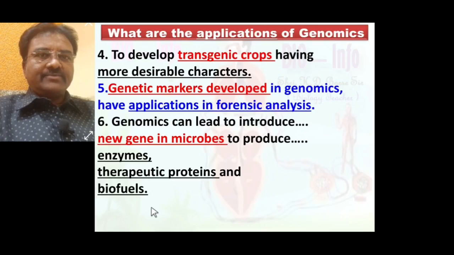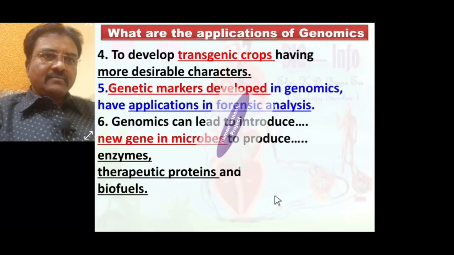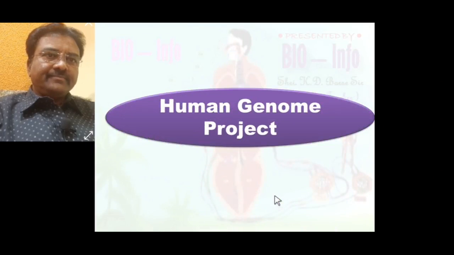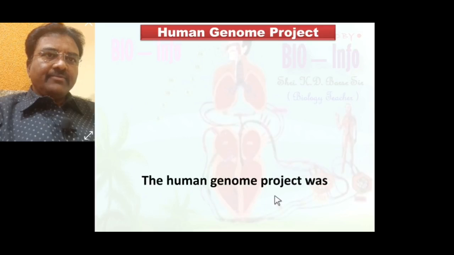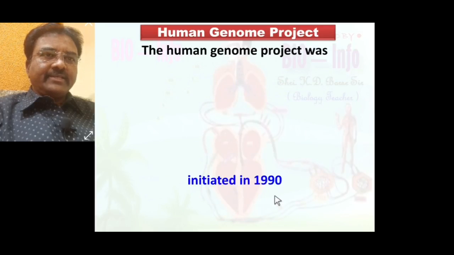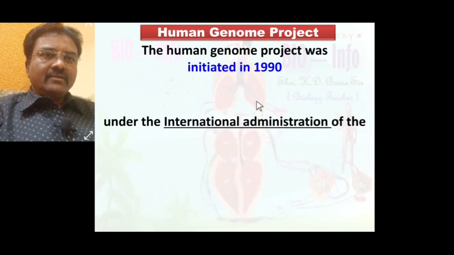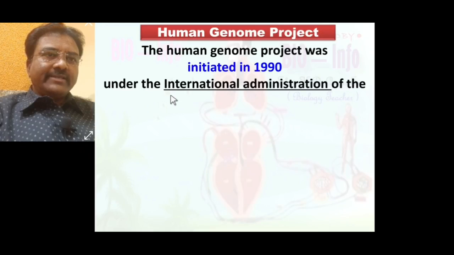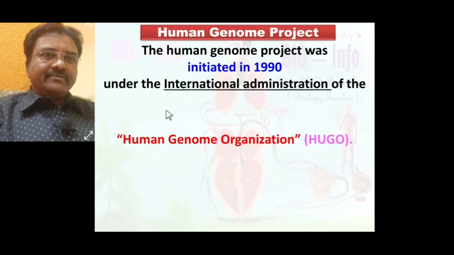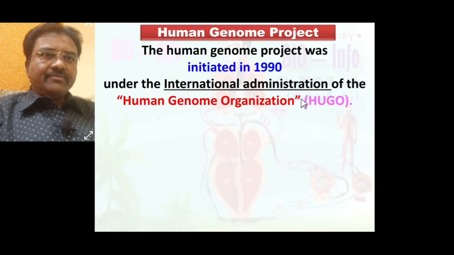Hope that you understood everything. Now we discuss the Human Genome Project in detail. The Human Genome Project was initiated in 1990 under the international administration of the Human Genome Organization.